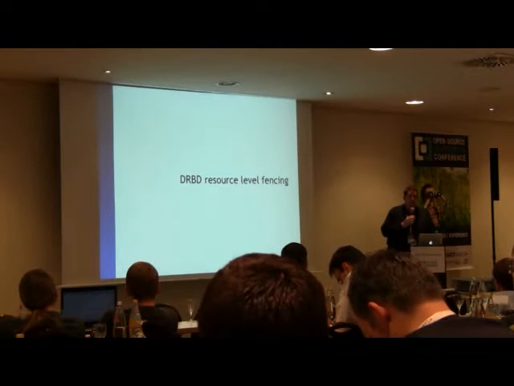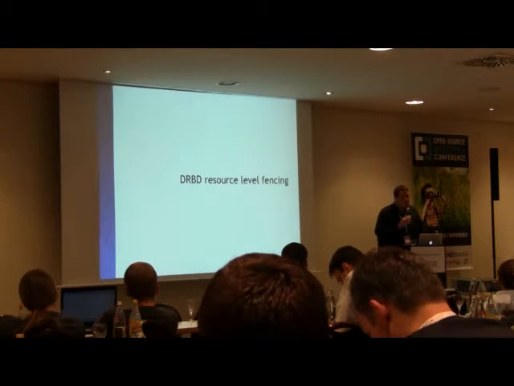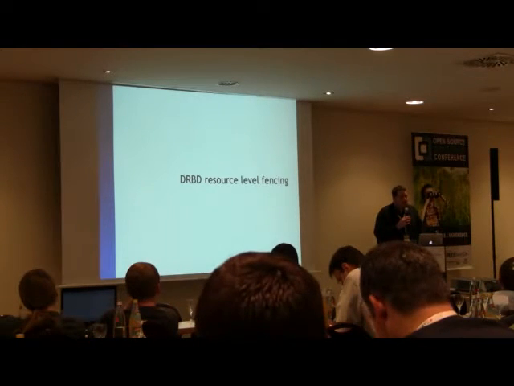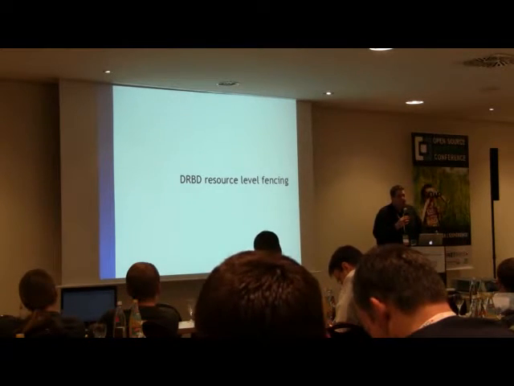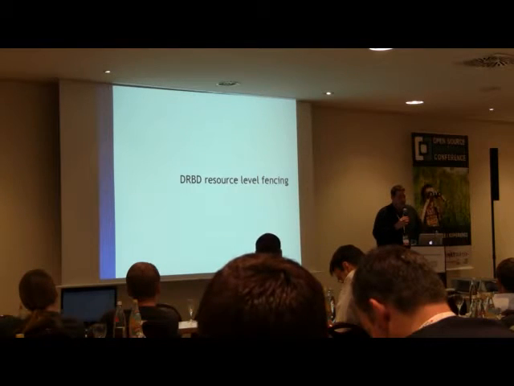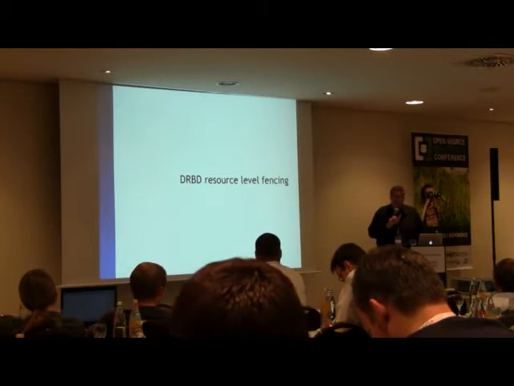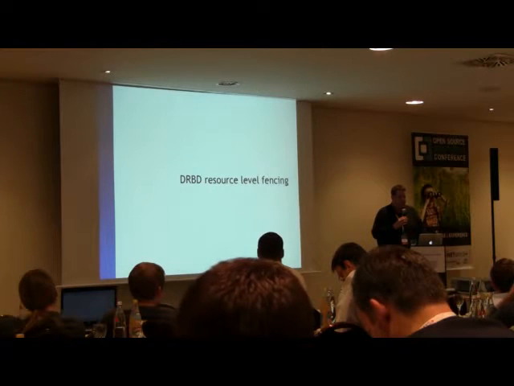If DRBD notices that the communication and replication link has just gone down, it will automatically instruct Pacemaker to not update DRBD on the secondary node into primary role. So we are avoiding that time warp right there. But we only do that if we get the monitoring function in Pacemaker.